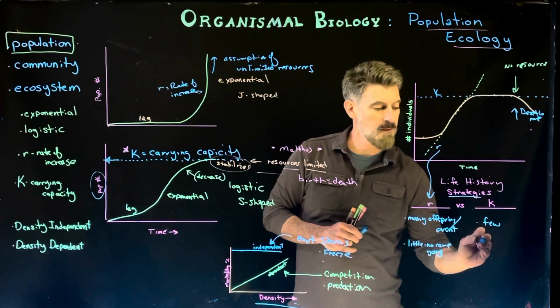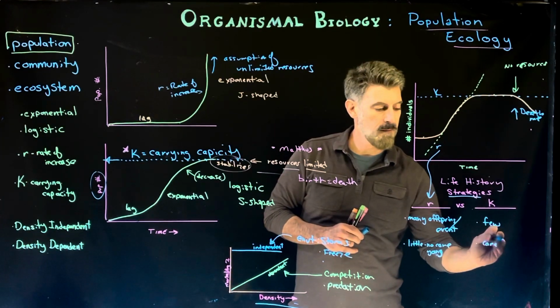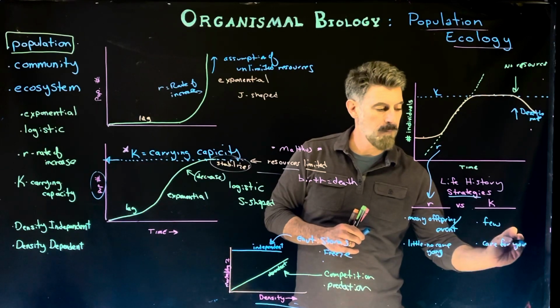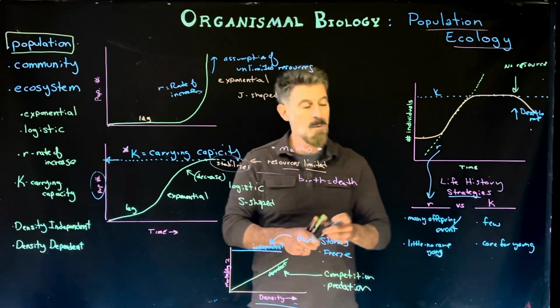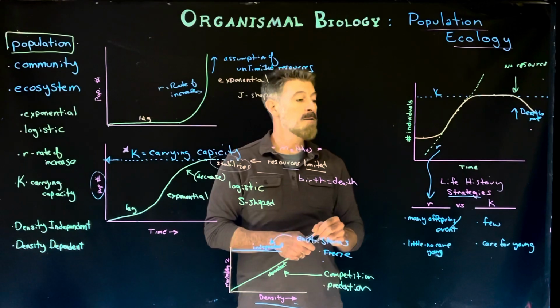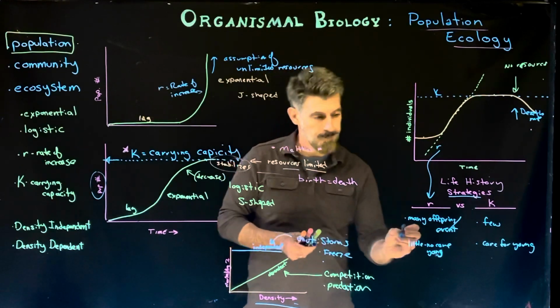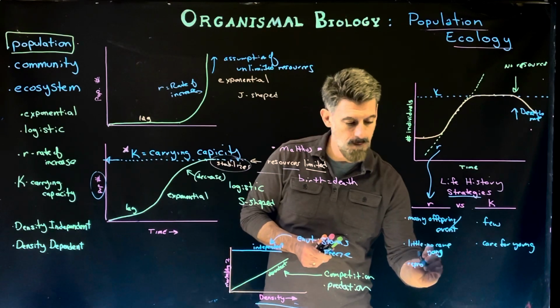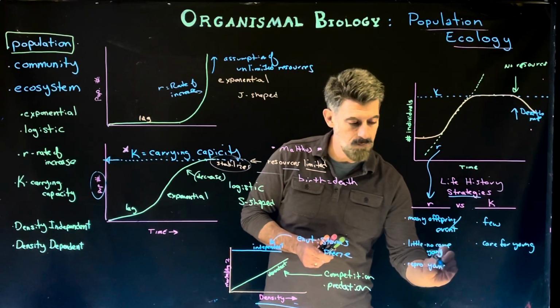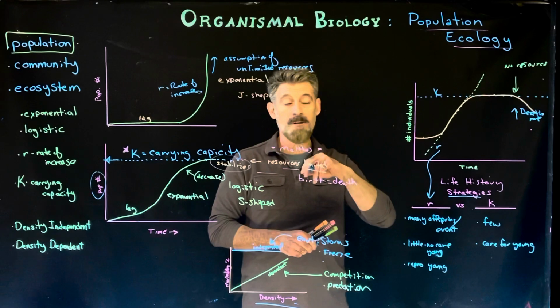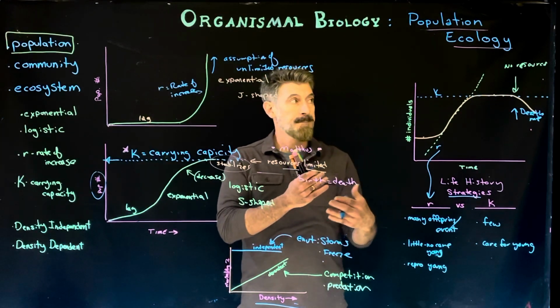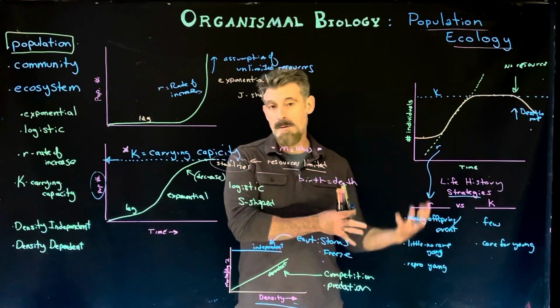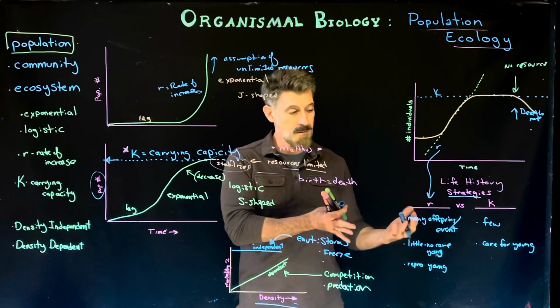But the K strategists usually care for the young, and often they'll put a lot more effort and energy into caring for them. R strategists tend to reproduce at a young age, so very shortly after they go through development, they become ready to reproduce.